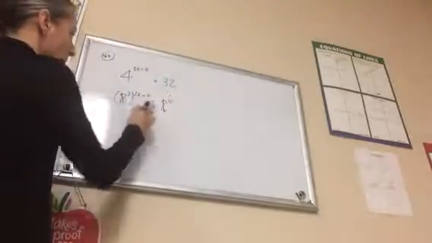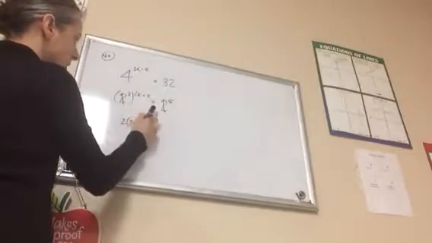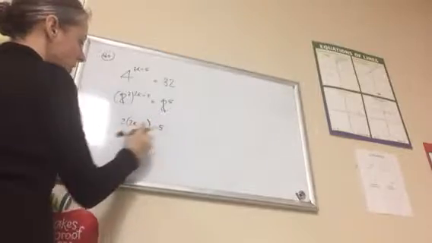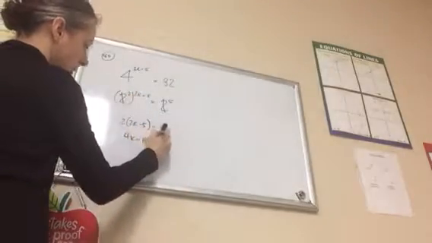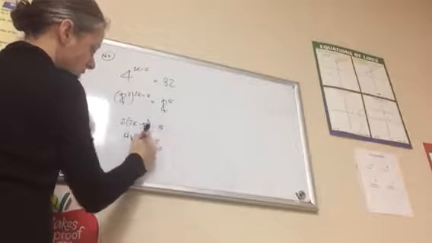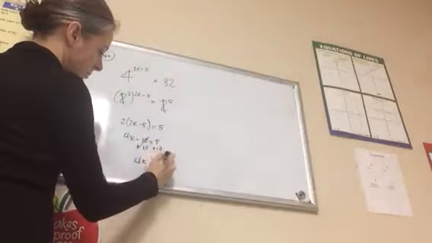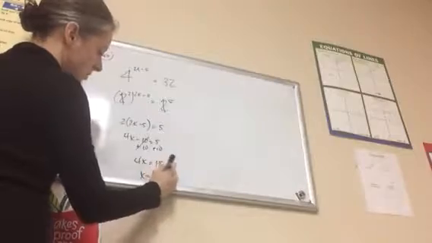So once again, our bases cancel, and we're left with our exponents for our equation. 4x equals 15, x equals 15/4.